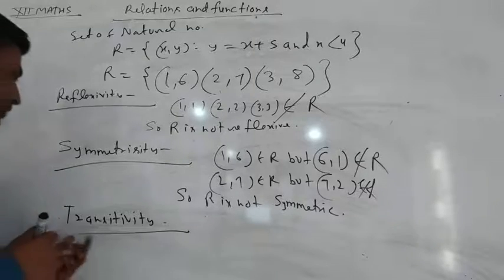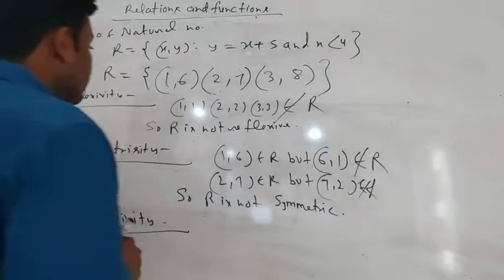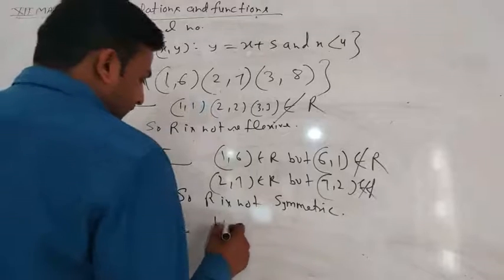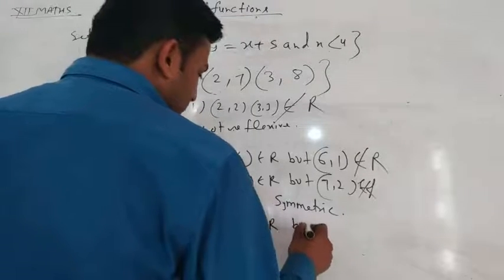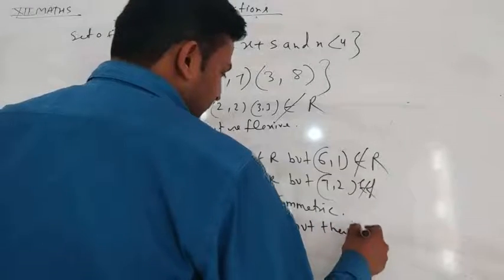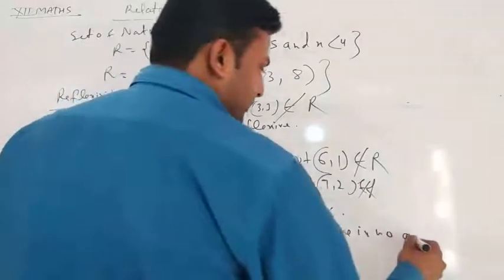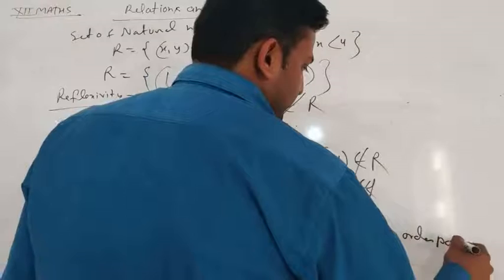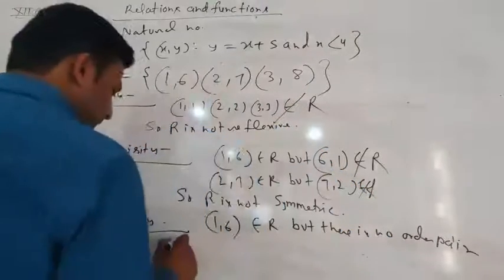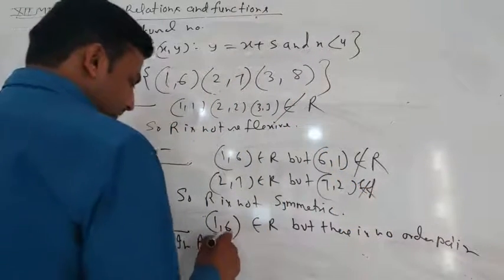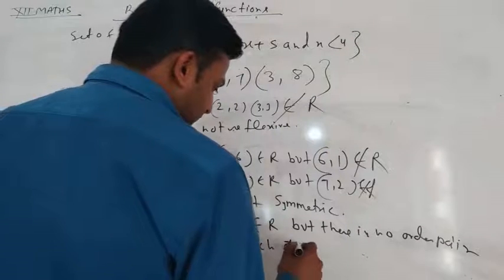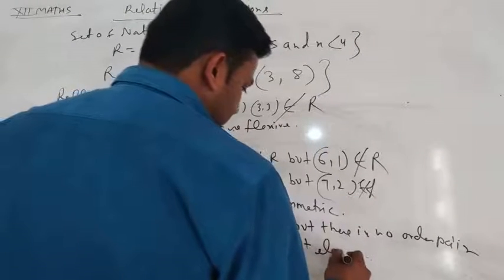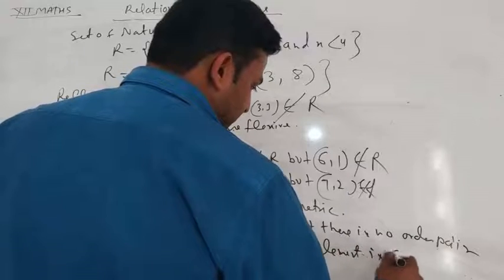Okay, students. Now for transitivity, we see that (1, 6) belongs to R, but there is no ordered pair in R in which the first element is 6.